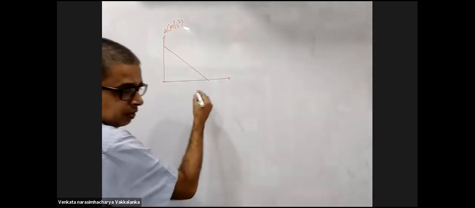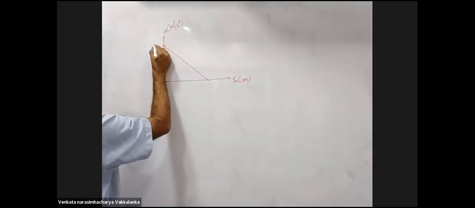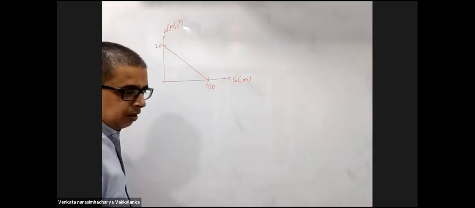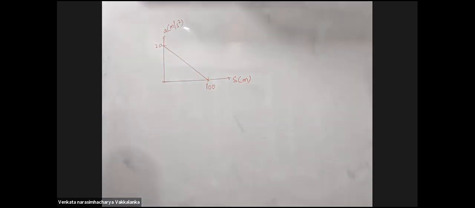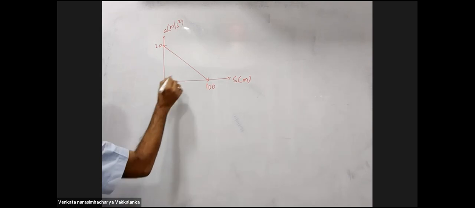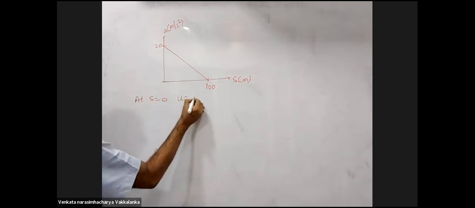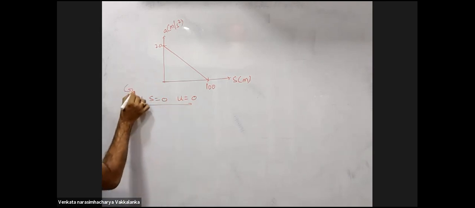Acceleration in meters per second square, s in meters. This is 20. This is 100. Find the speed of the particle after it has traveled a distance of 60 meters. Given that at s equal to 0, the initial velocity is 0. This is given.